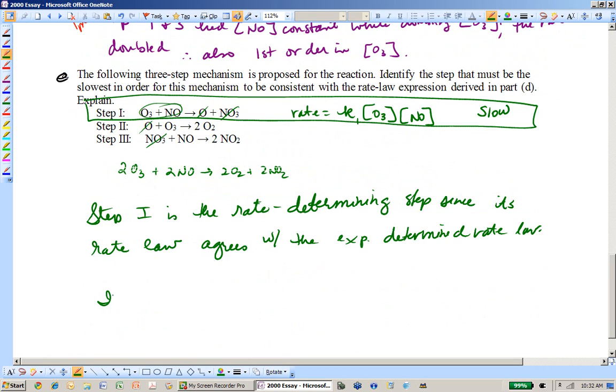Because if the slow step, so synonym, slow step, rate determining. Big people words, rate determining. Common sense, slow.